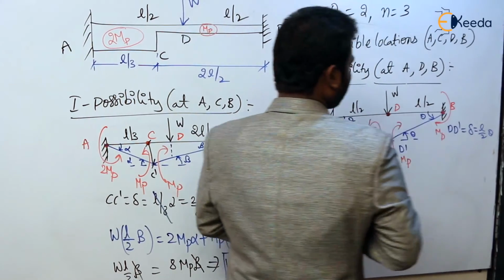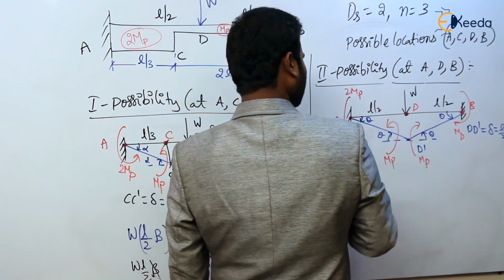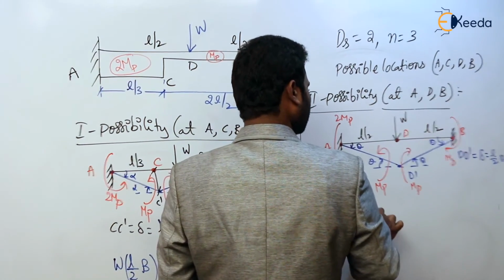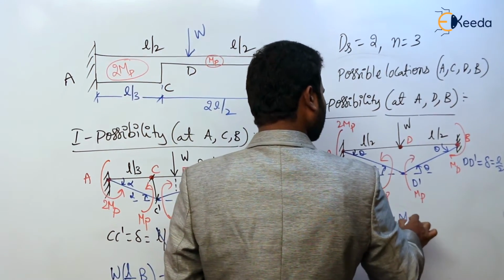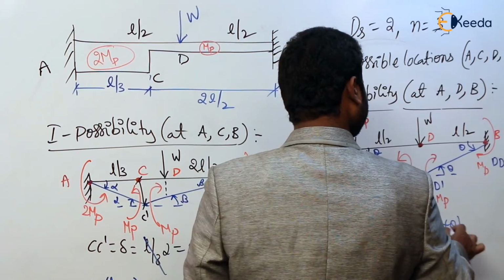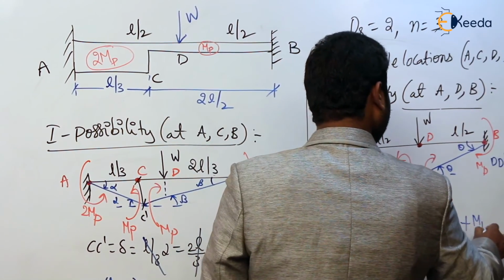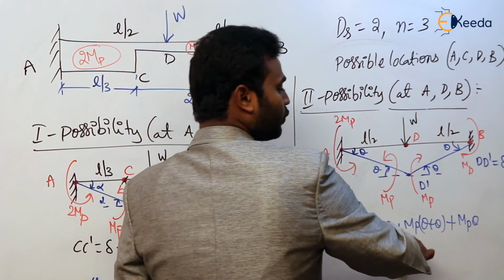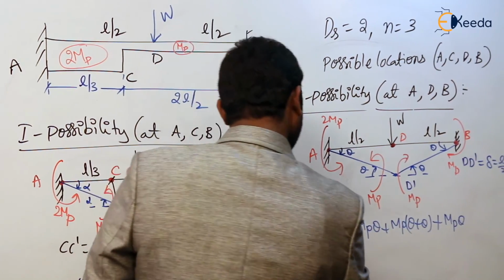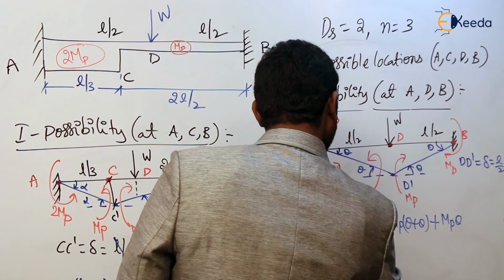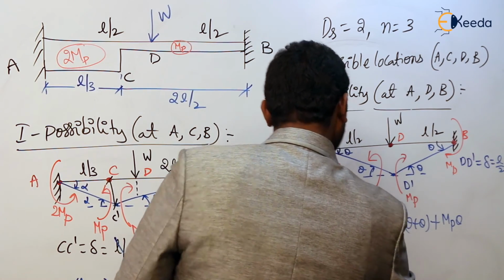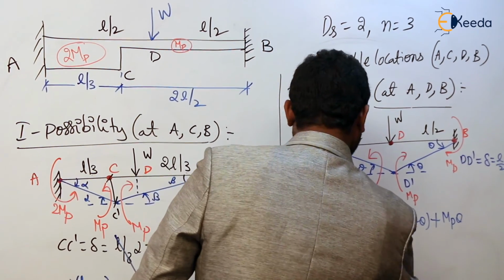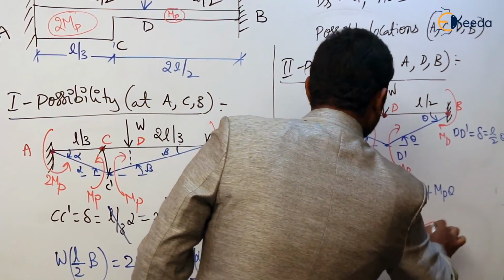External work is done by this W. So W L by 2 theta is equal to 2 mp theta plus mp theta plus theta plus mp theta. How much is it? 2 mp, 2 plus 2, 4, 4 plus 1, 5. So W is equal to, we can cancel theta, 10 mp by L. Now which is minimum? This is the minimum, so this is the true collapse load in this case.